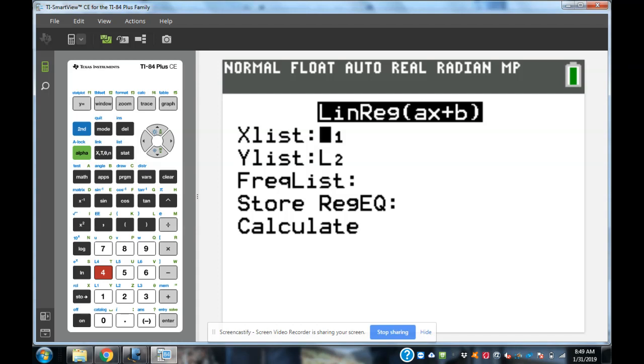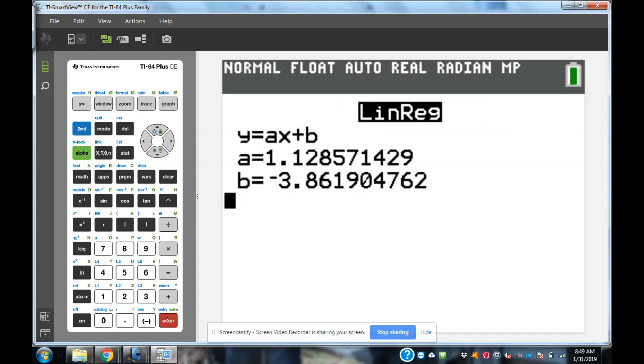The store regression equation, you can actually get it to save that. We're going to see it, and we're just going to write it down. Storing the regression equation is not something that you really have to do here. So we're just going down here to calculate and hit enter. Boom. 1.1285, all those decimal places.